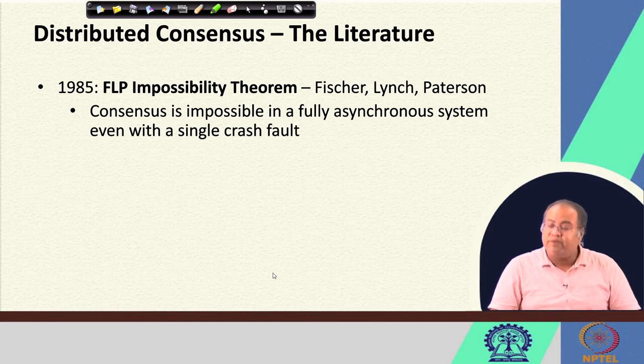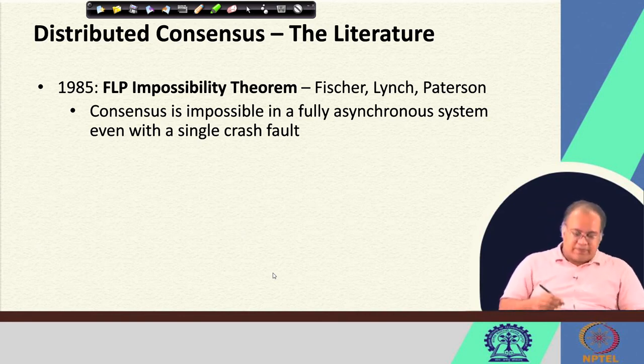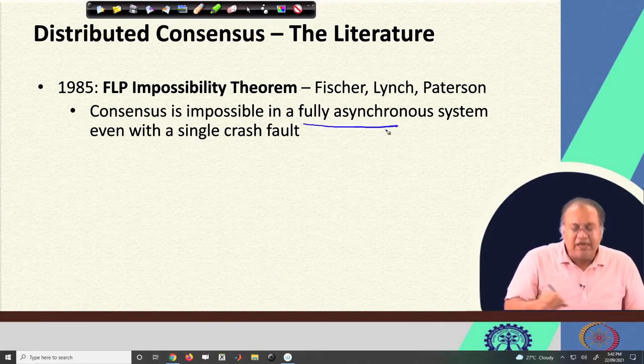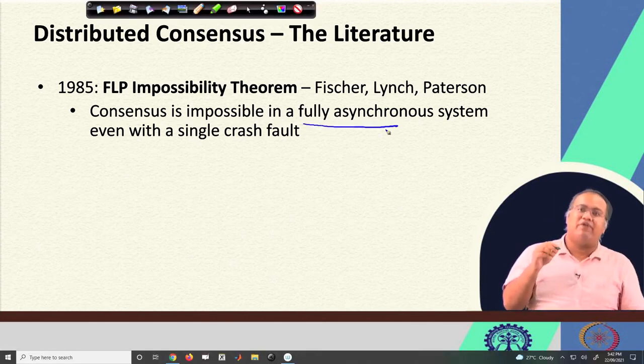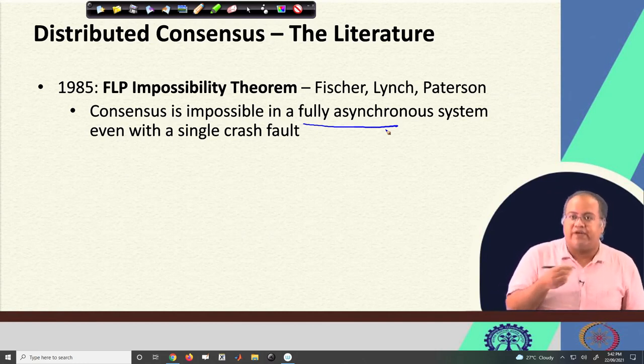The FLP impossibility theorem says that consensus is impossible in a fully asynchronous system even with a single crash fault. Well, now the question comes: what is an asynchronous system? Broadly, the communication channel, say whenever you are making a phone call, basically you are making a certain kind of communication.